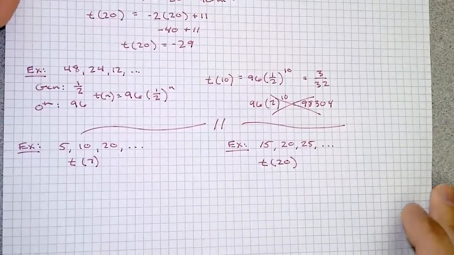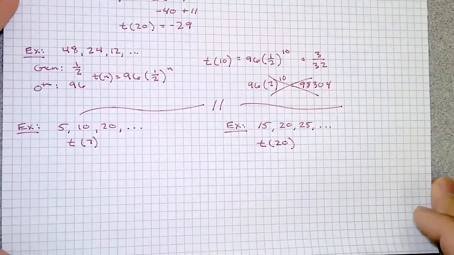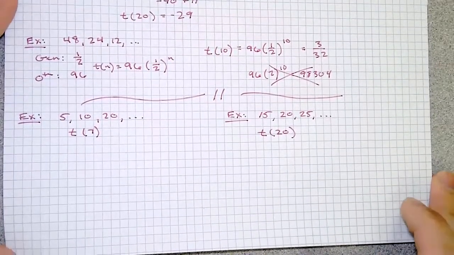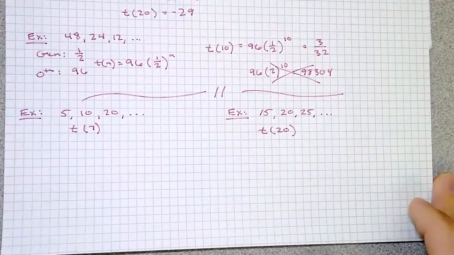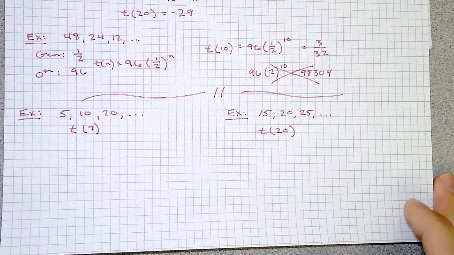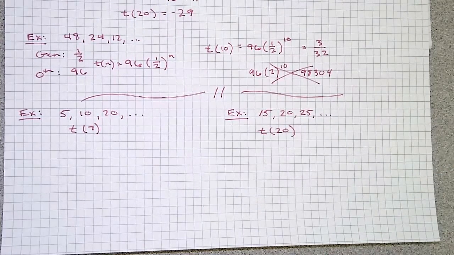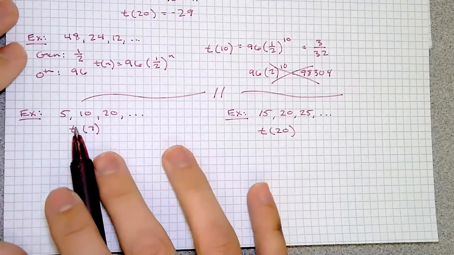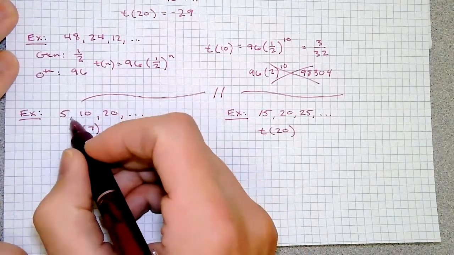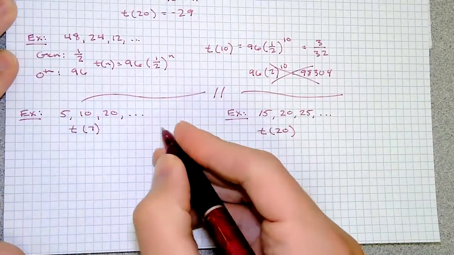Okay, so given these two sequences, identify the equation and then come up with, for the first one t of 7, second one t of 20. This first one, identifying if it's arithmetic or geometric. Hopefully we can see we're multiplying by 2 each time.